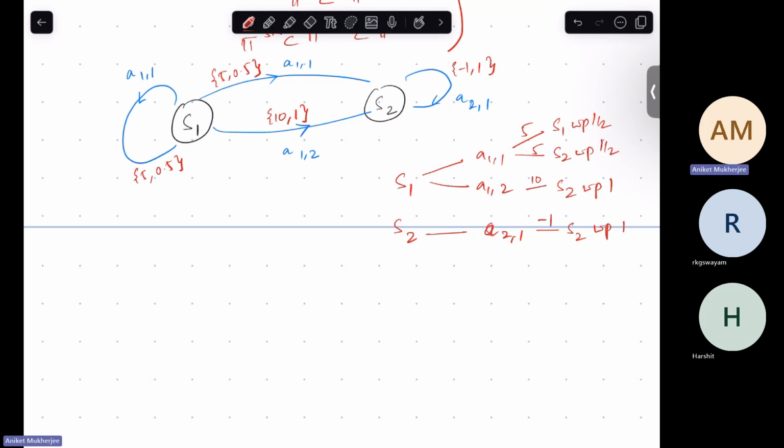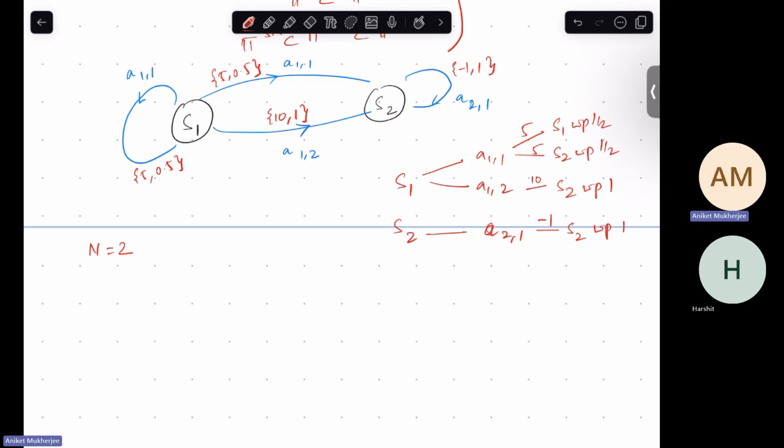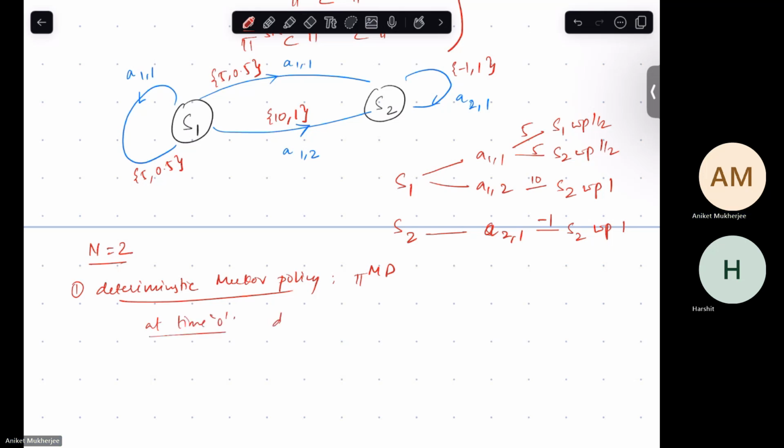So what we'll do is we'll first fix n equal to 2. So basically, you don't have to worry about your whole trajectory. You just need to worry about two states, right? First, we have the deterministic Markov policy. So your pi MD: at time 0, d0 MD, I'm introducing this because I want to make sure that the decision you're taking is Markov deterministic.